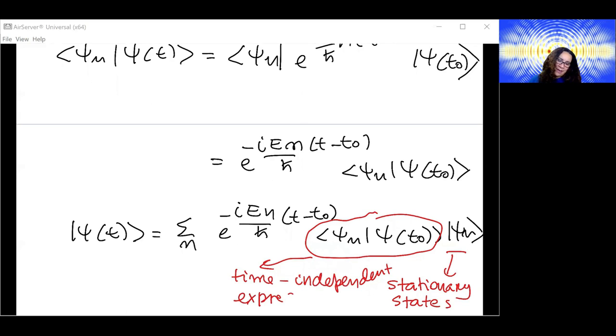And this can be very useful if you are dealing with a complicated problem and you want to study, for instance, wave packet dynamics or so. And all your time dependence is going to be here on these guys.